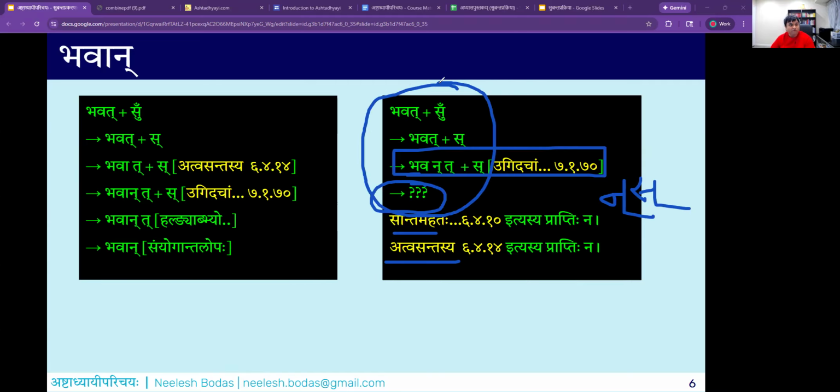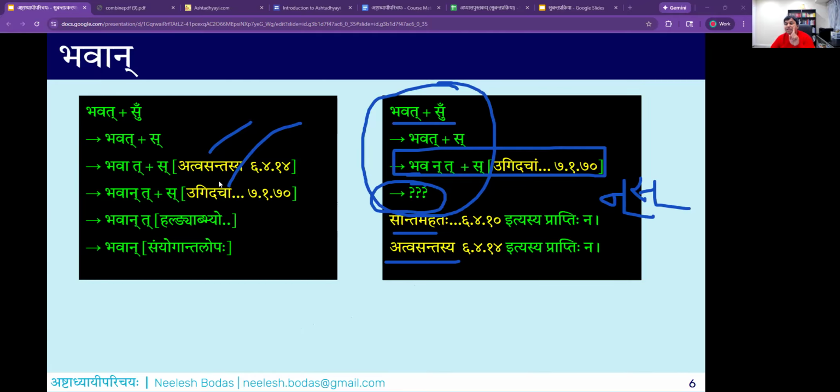You can call it Purva Vipratishedha, but that's not how the commentaries say. Commentaries explicitly say that when there is a Vipratishedha between Atvasantasya cha dhatoho and Ugidacham Sarvanamasthane Adhatoho, if you follow the natural instinct and go with the Parasutram, Shreyas plus Su will still work, but Bhavat plus Su will not work.